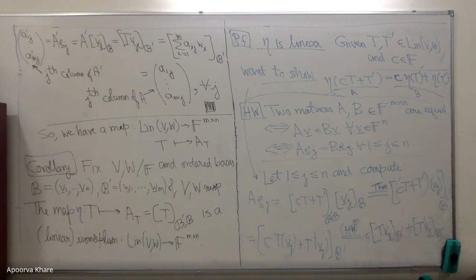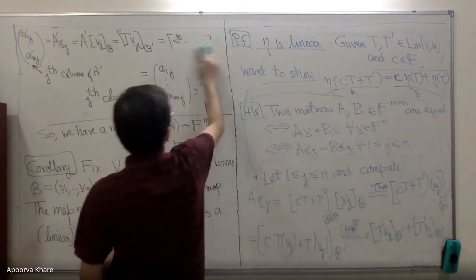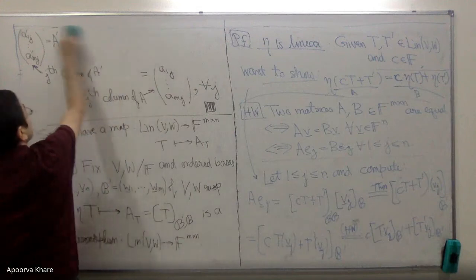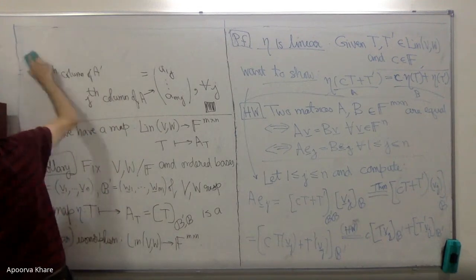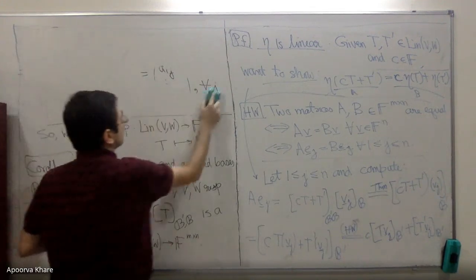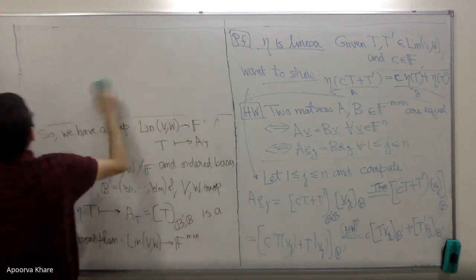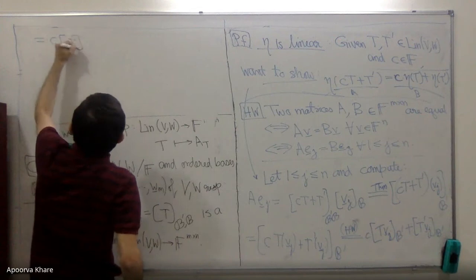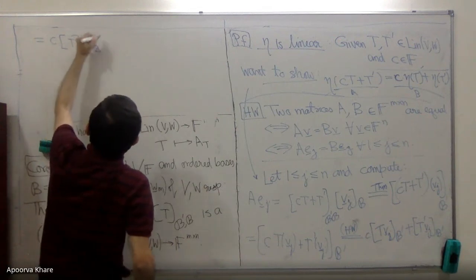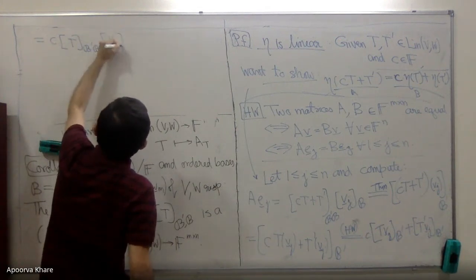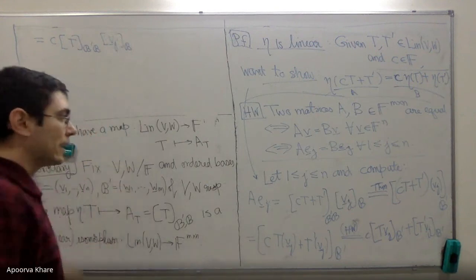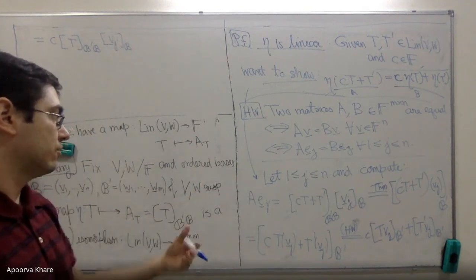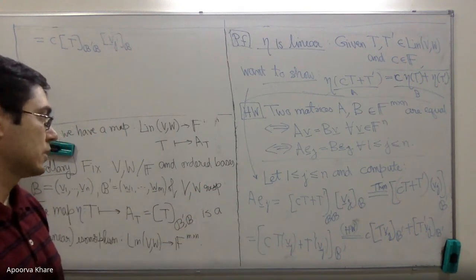Now I can write this down. This is exactly what is T Vj. Let's convert it back, again using the theorem. And so what we get equals C times T b prime b Vj b. Frankly, I did not need to say Vj. I could have said V for any V. It doesn't matter, but fine.